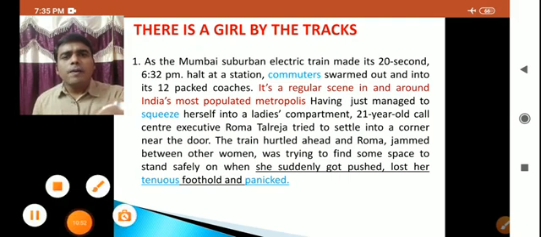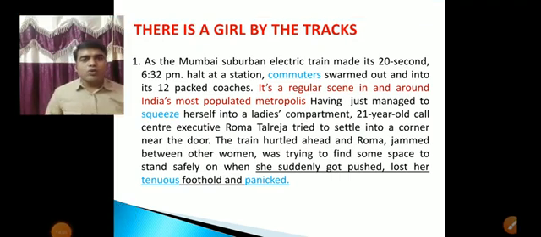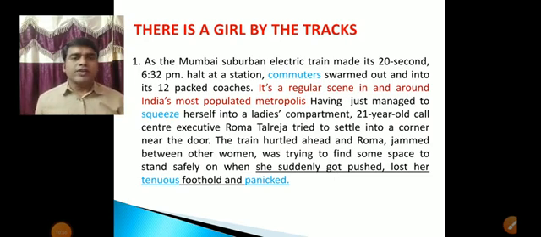So, children, all of you open your textbook, page number 26. In that page you will get this lesson, children. As I said, it's a real incident that happened in Mumbai, children. And this incident is narrated by Devan Kanal. Narrated in the sense was written by Devan Kanal, children.